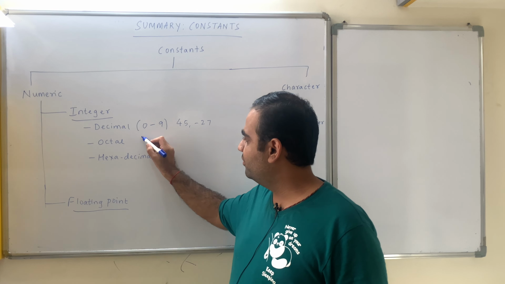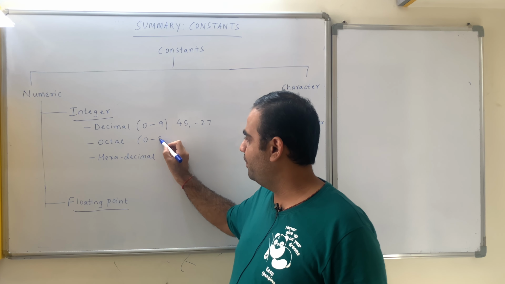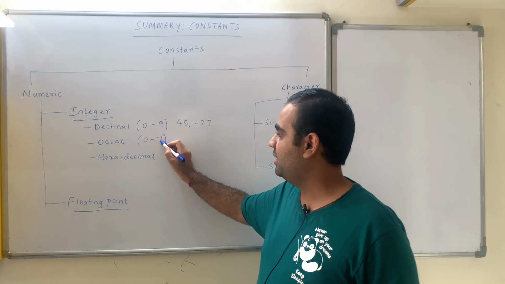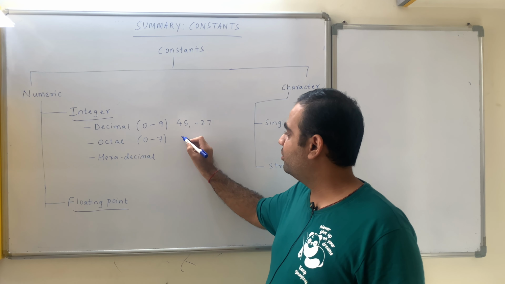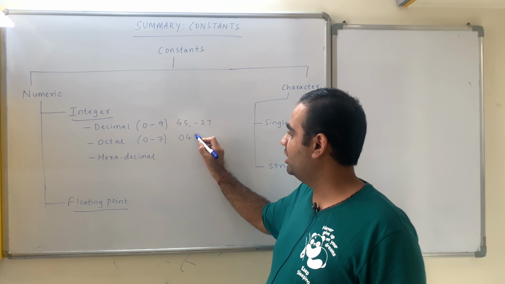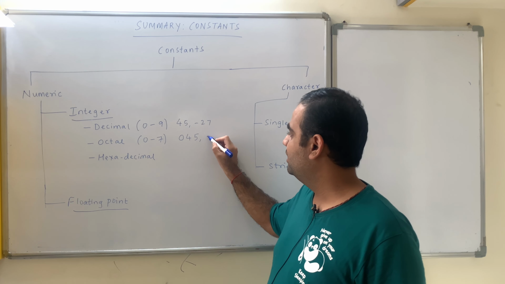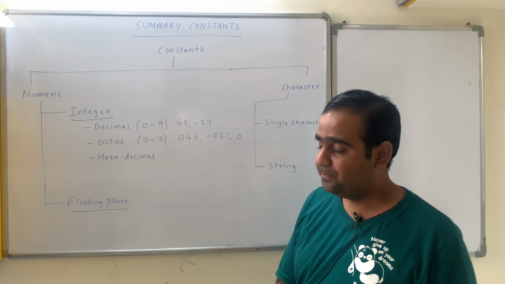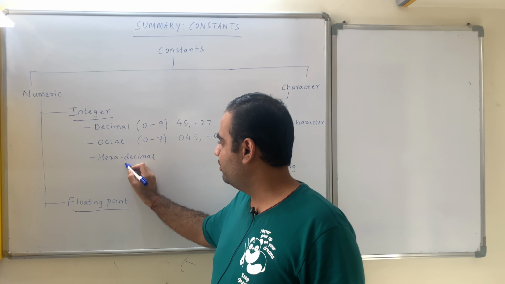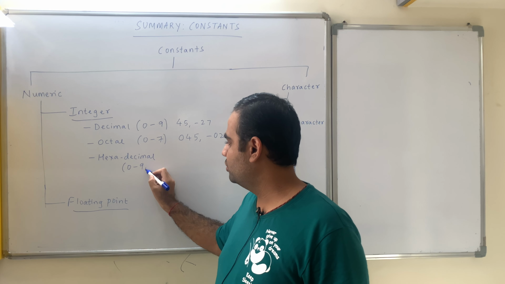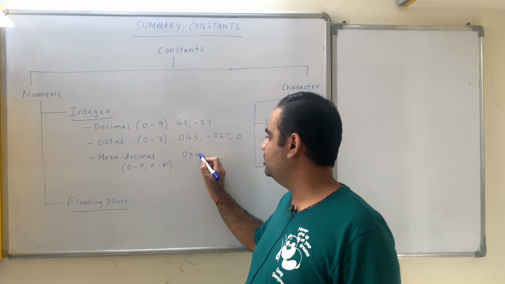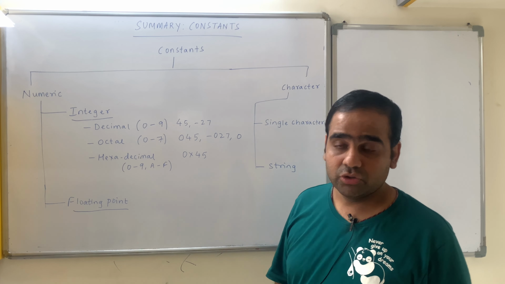Octal numbers begin with 0 and this is base 8. Therefore you can use the digits from 0 to 7. Anything that begins with 0 is an octal number. I can write 045, minus 027. By definition, a leading 0 means octal in C. Hexadecimal number is base 16. You can use 0 to 9 and A to F. Hexadecimal numbers begin with 0x.